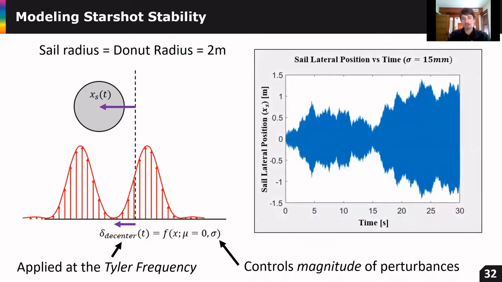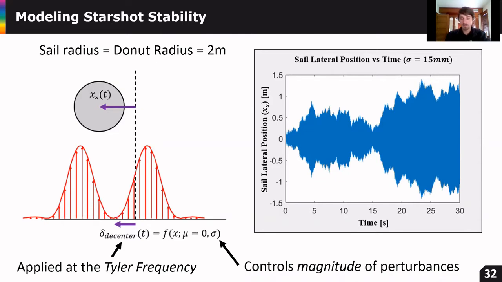So over here on the right, I have pictured one particular simulation for the lateral position of the sail over a 30-second period, given a decenter magnitude of about 15 millimeters. And it looks like this weird fractal pattern, and that's because the oscillation frequency of the sail and the donut is about 30 hertz.